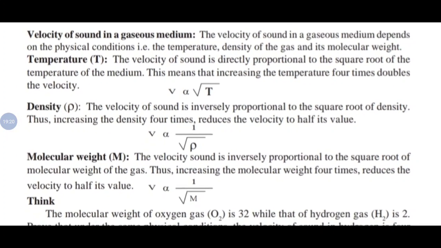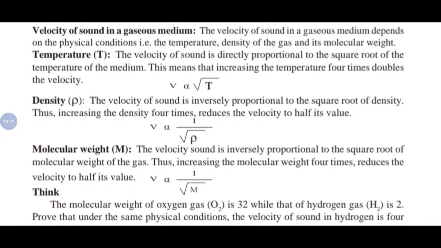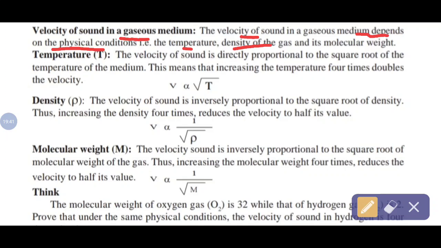See that, I will explain it. The velocity of sound in a gaseous medium depends on the physical conditions, that is temperature, density of the gas and its molecular weight.